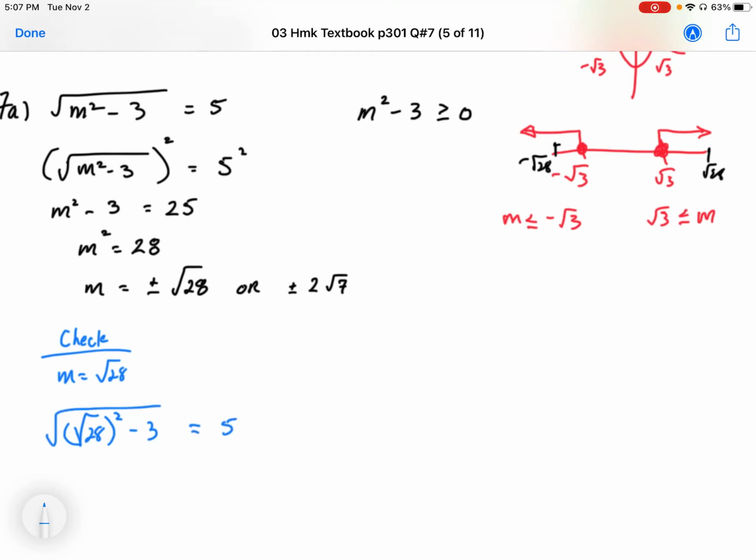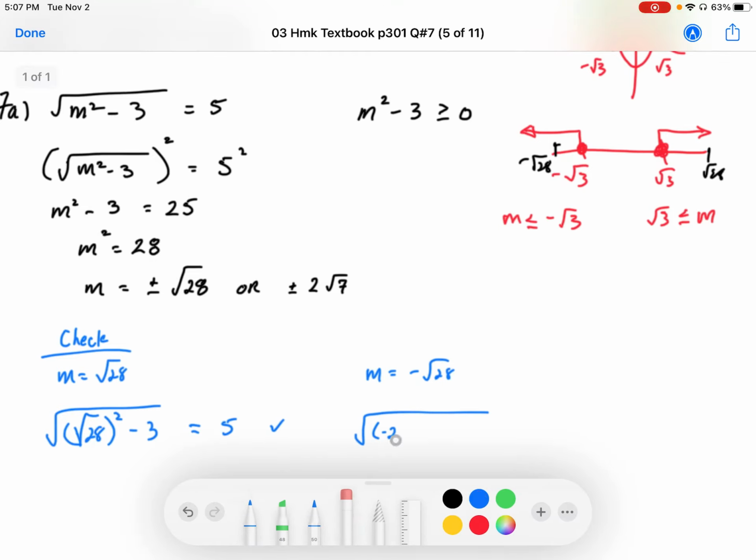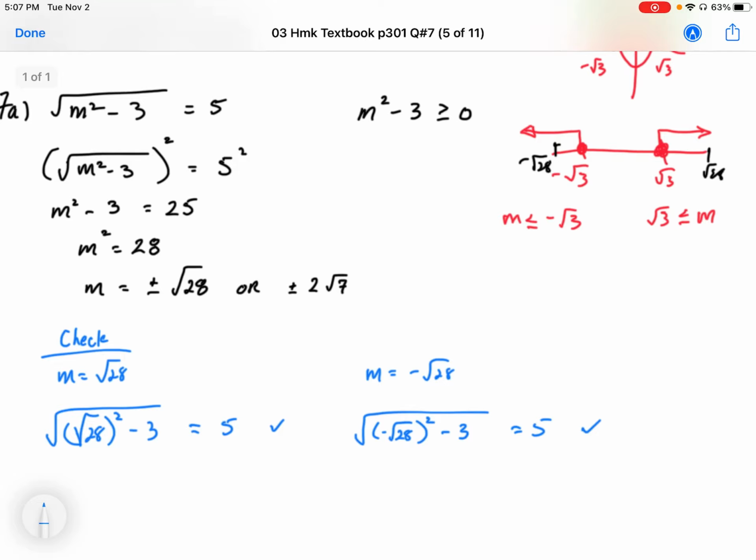That's 28 minus 3, which works. If we check m equals negative root 28, we get the same result. Negative root 28 squared, the square gets rid of the negative, then minus 3 is 28 minus 3, square rooted, equal to 5. So those are both valid solutions.